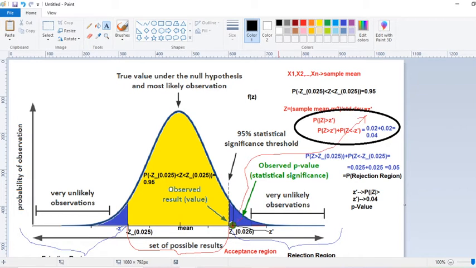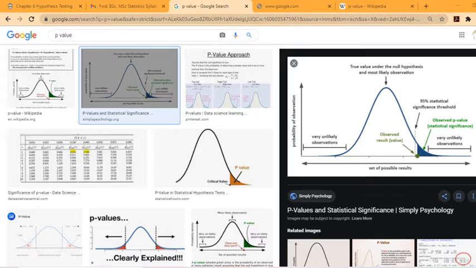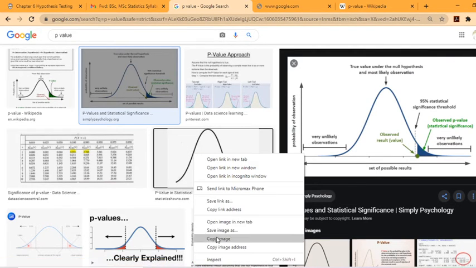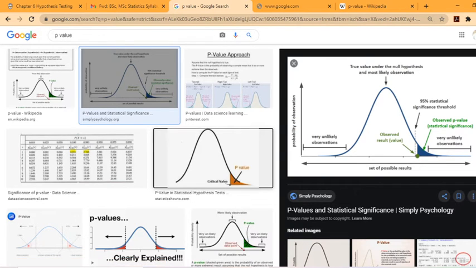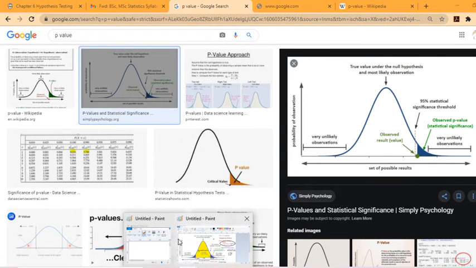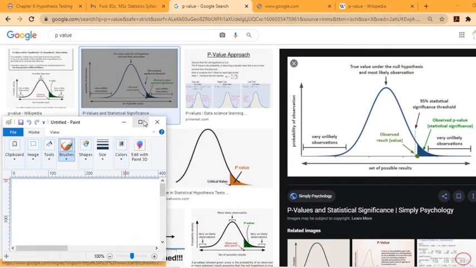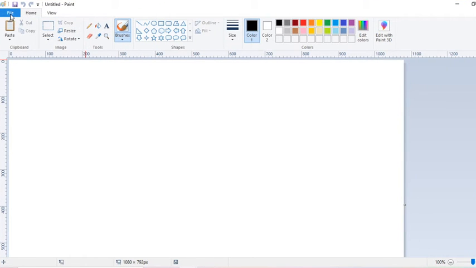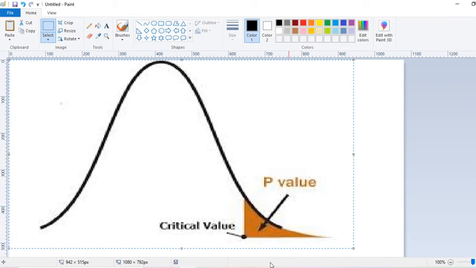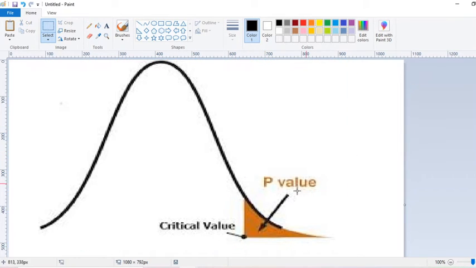So what type of inference can we draw from this? I will show you a problem. This is the p-value actually.